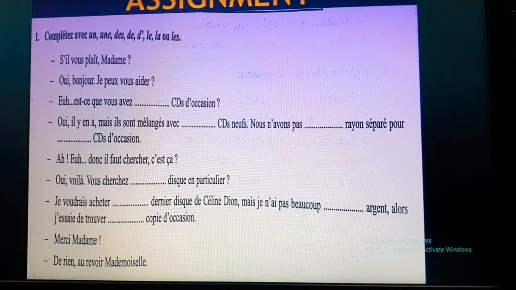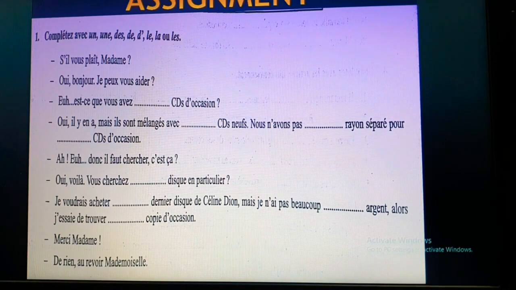So here is the dialogue. "S'il vous plaît, madame." Please, ma'am. "Oui, bonjour. Je peux vous aider?" Can I help you? "Est-ce que vous avez dash CDs d'occasion?" Do you have dash occasional CDs? What is she asking?